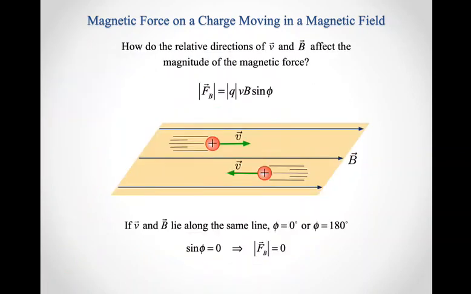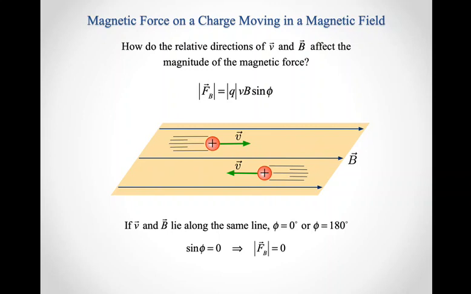When we think about that magnitude equation, again, that sine phi term matters. And so what it's telling us is that the relative directions of the velocity and field vector matter when you think about the magnitude of the magnetic force. So when the velocity vector of my charge points in the same direction as the magnetic field, or in the opposite direction of the magnetic field, then phi is either 0, same direction, or 180 because they point in opposite directions.